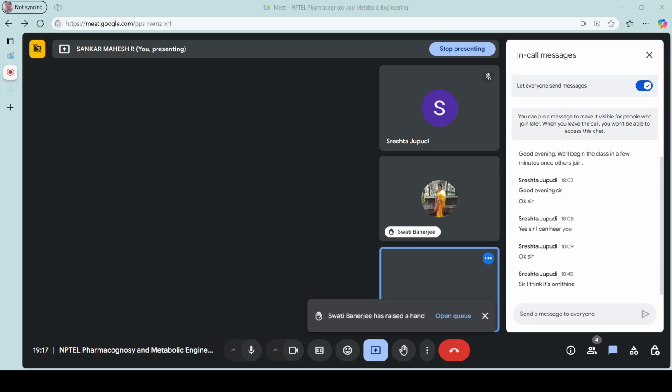Okay, so just a small introduction. These benzylisoquinoline alkaloids are derived from tyrosine, and here dopamine is the precursor. Dopamine is formed from L-dopa, and it combines with 4-hydroxyphenylacetaldehyde to form the first benzylisoquinoline intermediate, norcoclaurine.